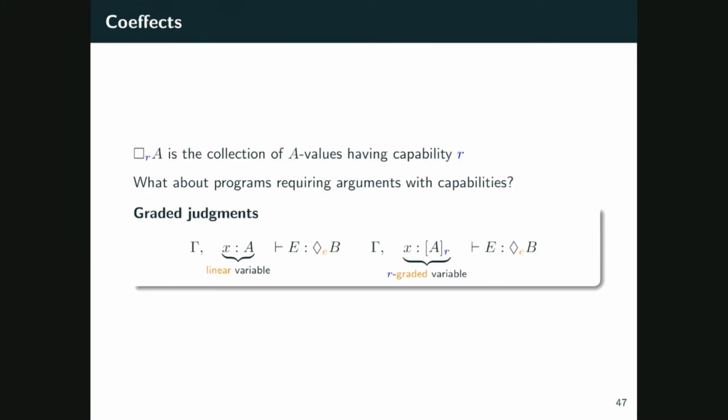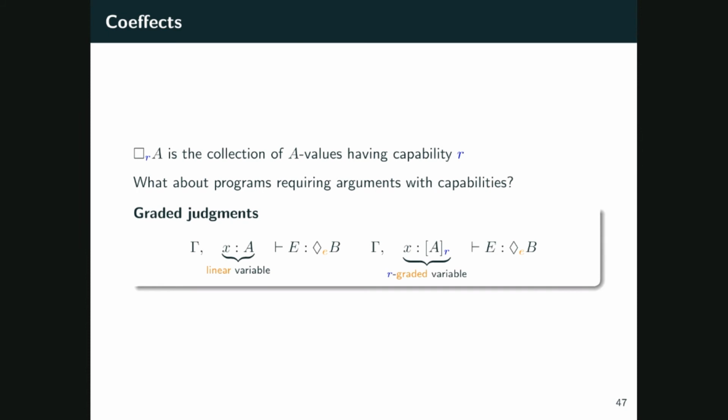All right, so now we have a resource algebra. Now we have types, we have modal types like box RA, which are types for values having capability R. But we also need to model programs that actually require arguments coming with capabilities.